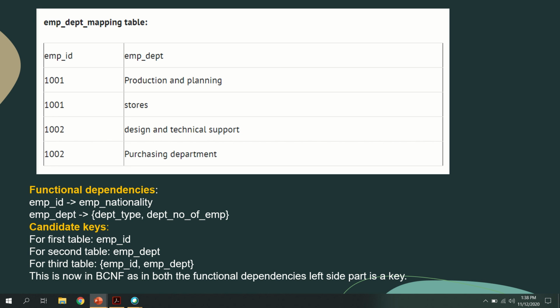For the second table, employee department is the candidate key, and for the third one, it's a combination, because employee ID alone has repeating values. So we are making a combination of these two as a candidate key. So now this table is in BCNF since each of the left sides of the functional dependencies is a super key.